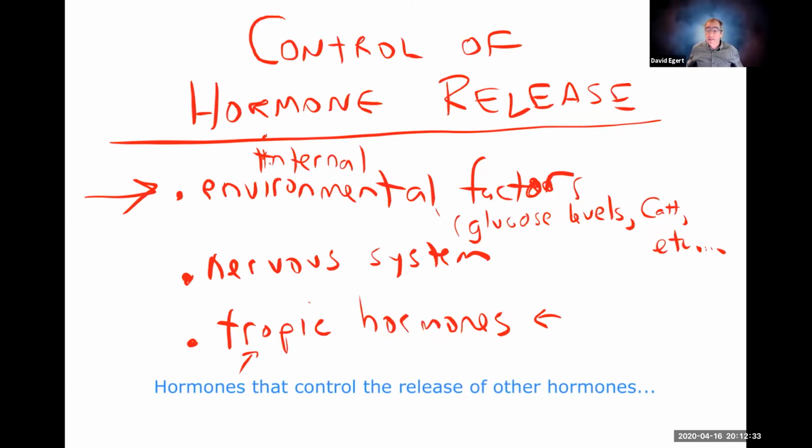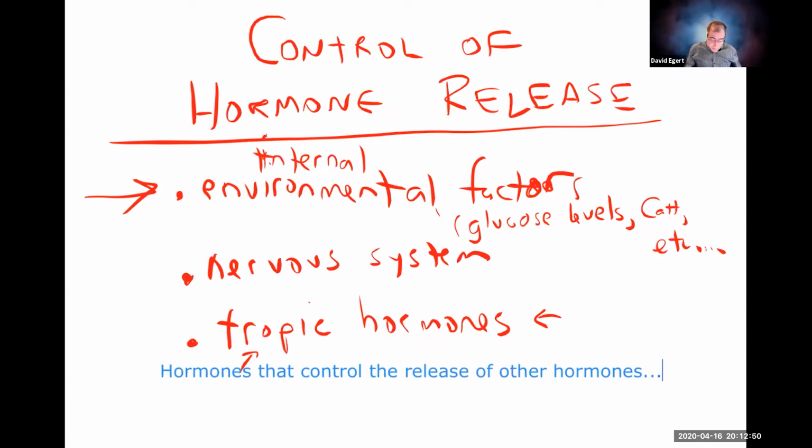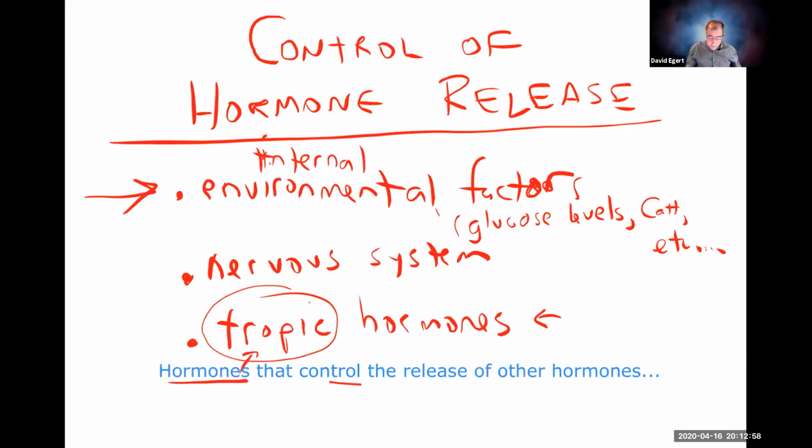We're going to see gonadotropin releasing hormone causes the release of luteinizing hormone, which causes the release of testosterone. And then there's feedback loops and this and that. So this is going to be really common, this idea of tropic hormones, where you have one hormone that will talk to some other gland and tell it to release some other hormone. So we'll see a bunch of those.